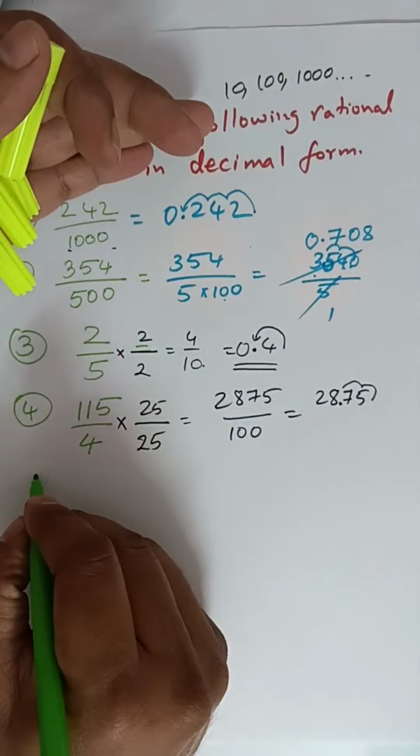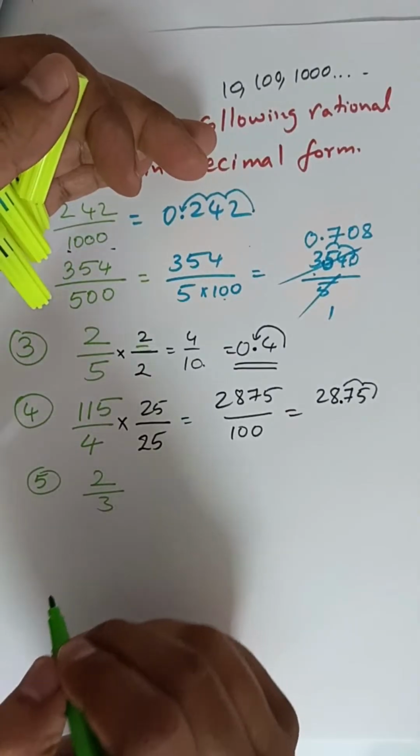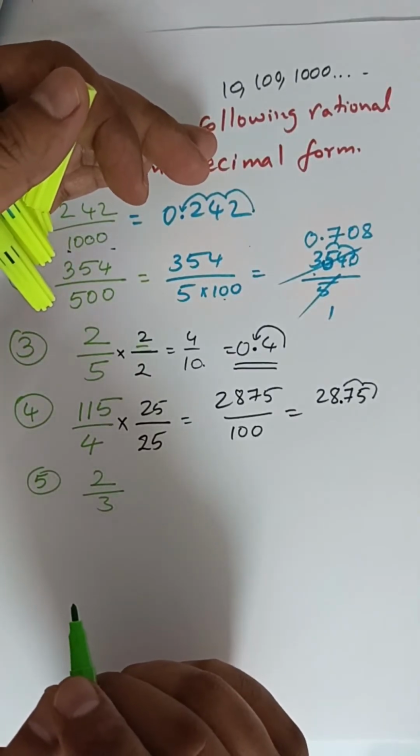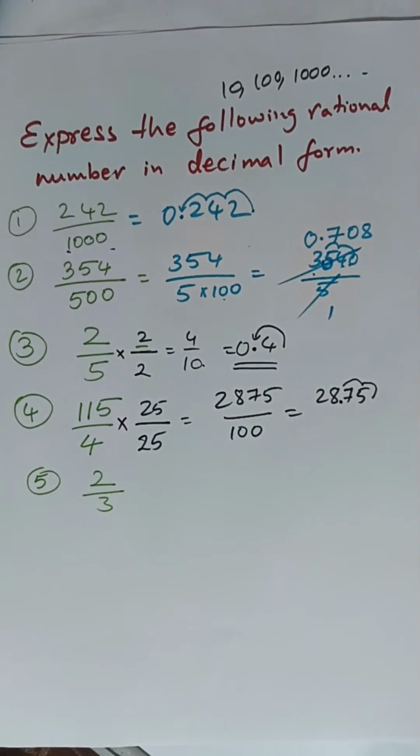No, Maributaro, I will give you a question, okay? Simple one. 2 over 3. How will you do it? Don't tell me the answer. Explain it, Maributaro. I'm waiting.